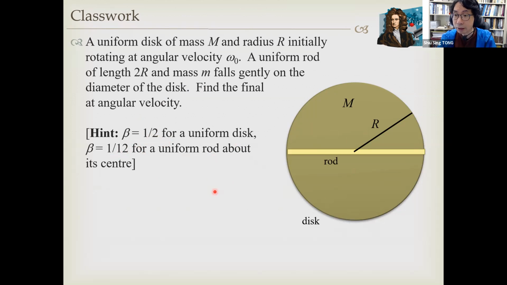So please use a few minutes to work it out. Please take out a piece of paper and try to write down the final total moment of inertia of the rod together with the disk, and you apply the conservation of angular momentum.